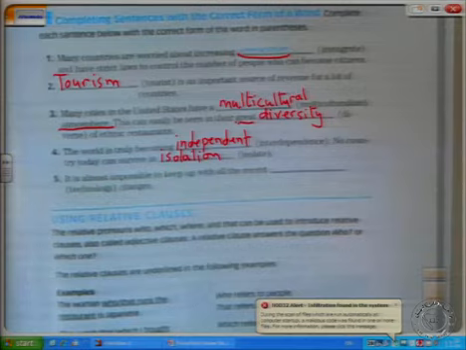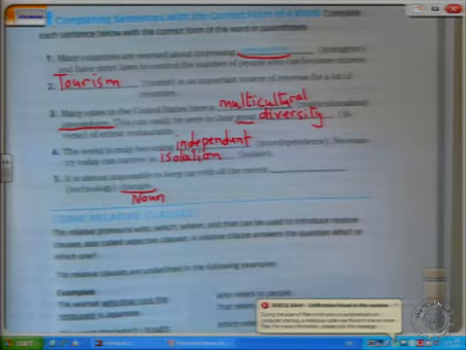Number 5 says, it is almost impossible to keep up with all the recent, between parentheses, technology changes. We have a noun here, changes. And as we said before, our nouns need an adjective to be modified, or an adjective which can give them a characteristic.